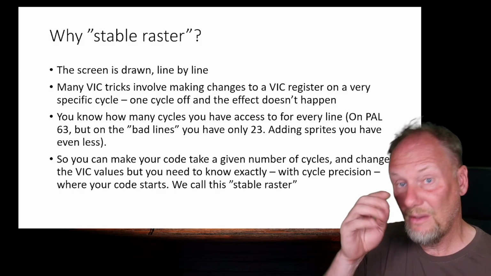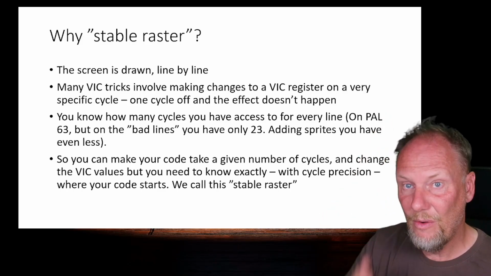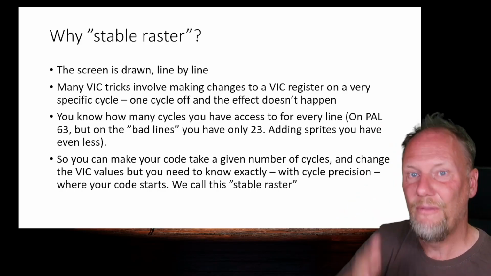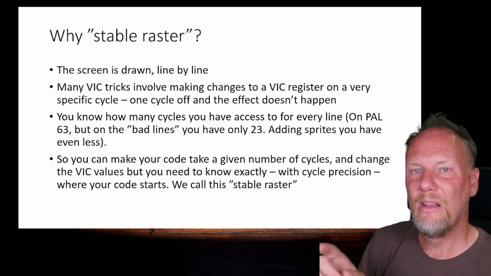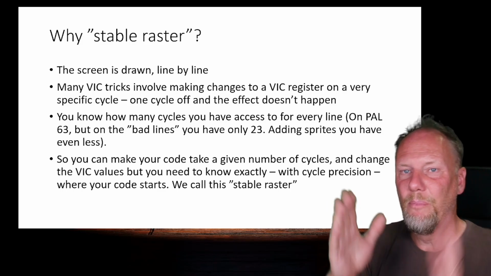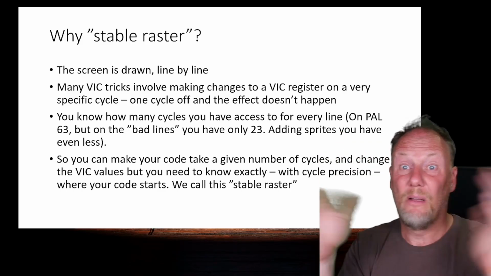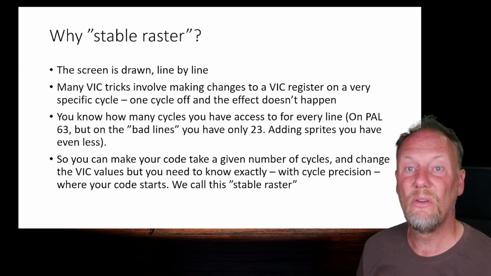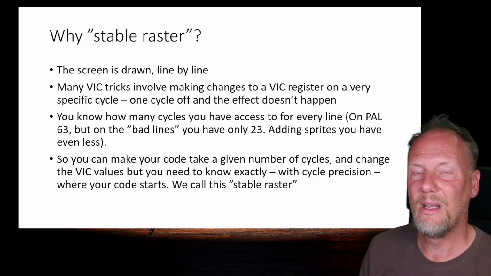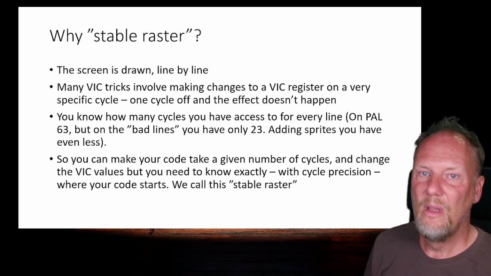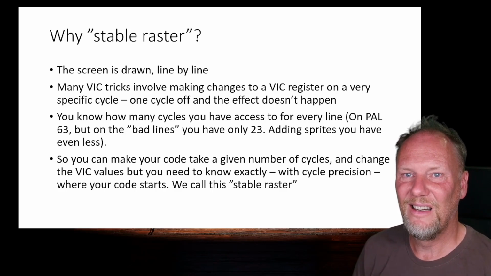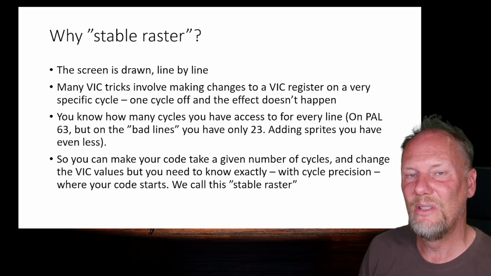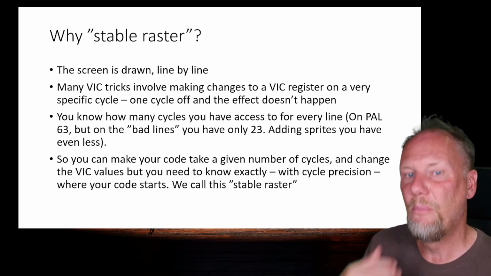But you need to have that really consistently poking at the very specific cycle on the screen, because if you are jiggling a number of cycles back and forth, that bar is not going to be a bar. It will be something sort of flashy, which is not what you are after if you are going to make that kind of vertical bar. So color bars was one of the things. It was really trendy back in the 80s, but it needs a stable raster interrupt, or a stable raster, to actually execute properly.